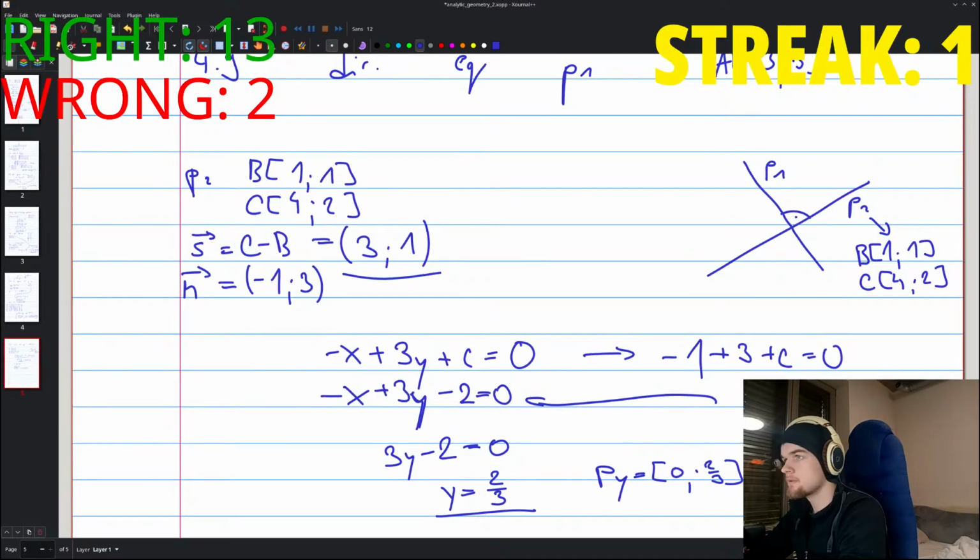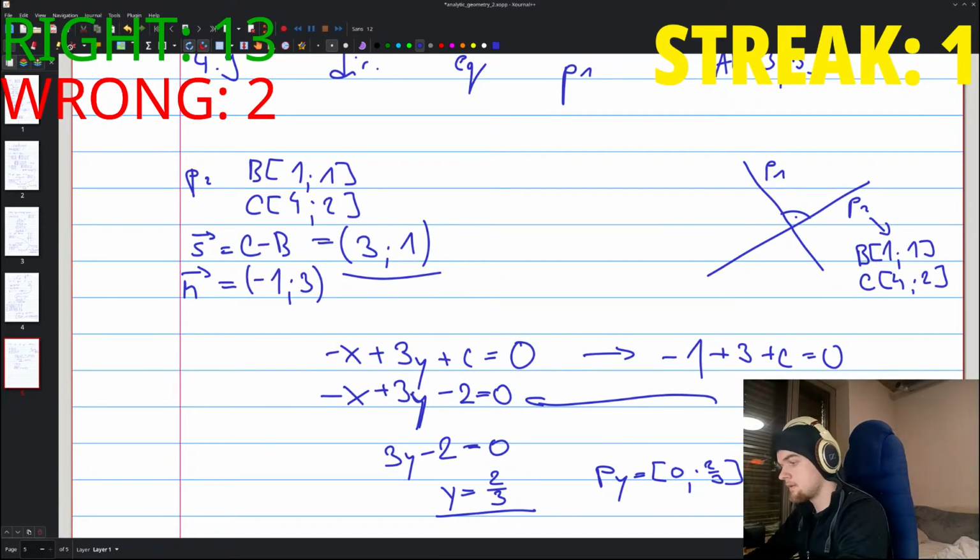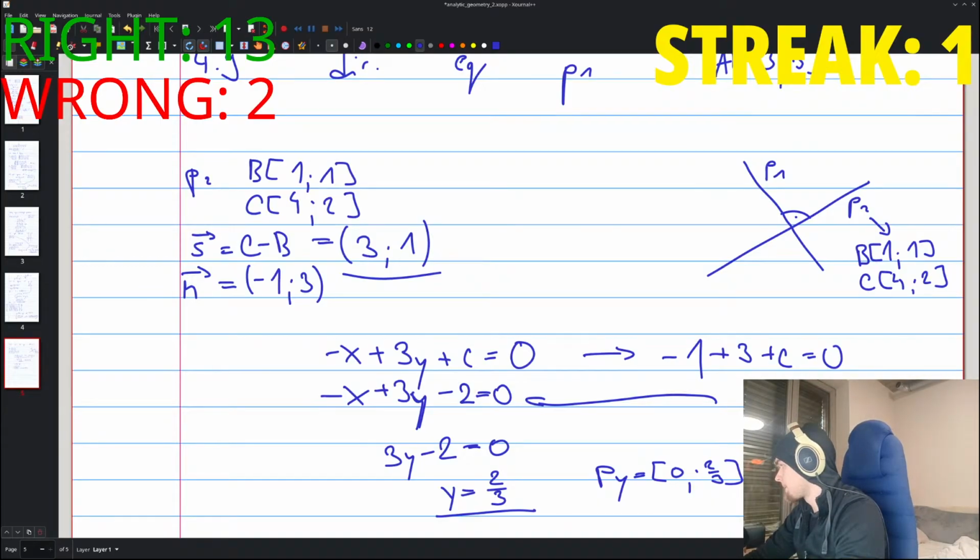I could probably pull up the GeoGebra, but oh, come on. 1, 1 and C 4, 2 is actually correct.